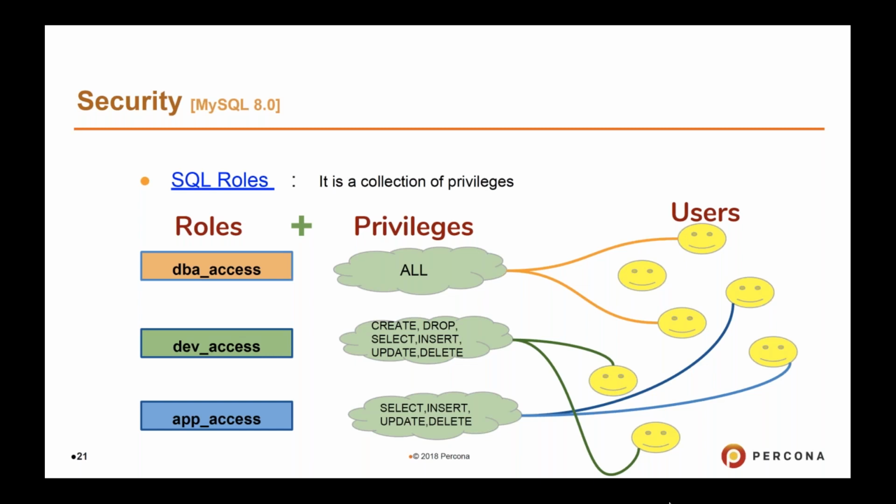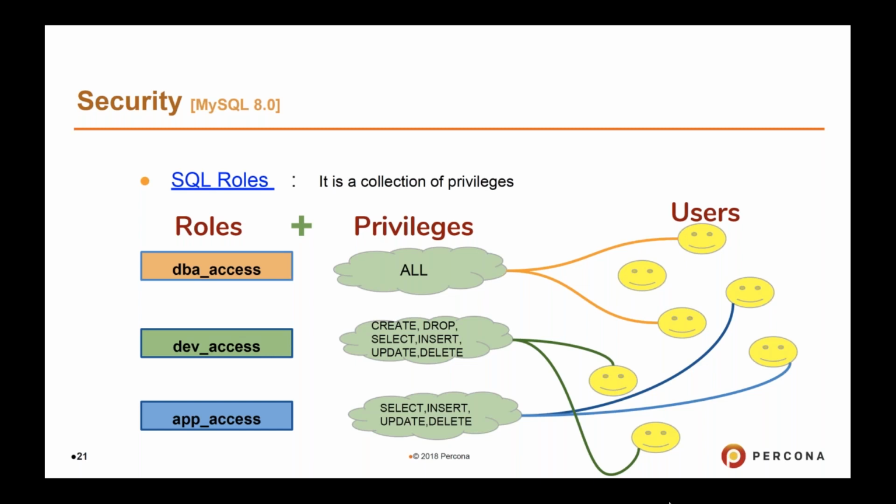You needed to pick privileges one by one every time, and assign those privileges to the user. There was no centralized thing where I could create a particular role for a DBA, for a dev, or a set of privileges for an application. There was no option in 5.7, but in 8.0, by introducing roles, we can have a collection of privileges as a role, and we can assign that role to a user.